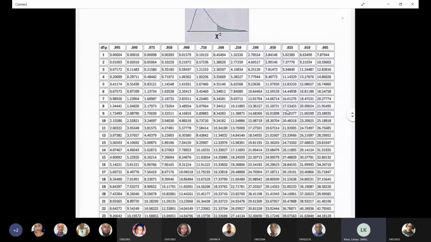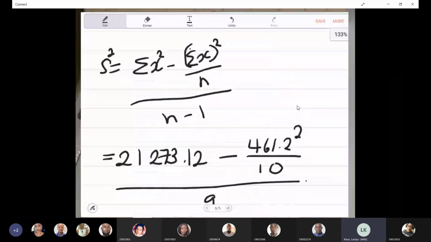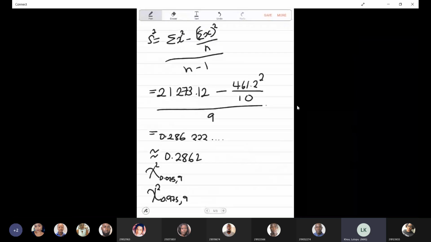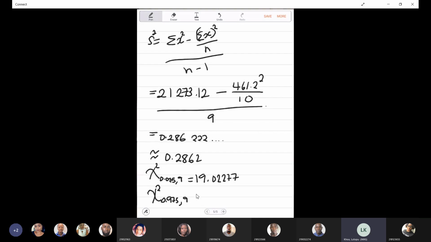Okay, I can't highlight it over there. This is 19.0227. And then we do the same thing for this one, 0.975 and 9 degrees of freedom.